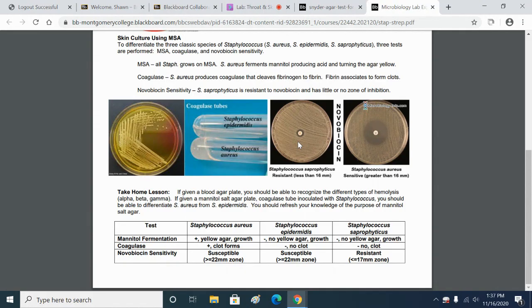You have a pure culture, but you're still getting inconsistent or conflicting results.